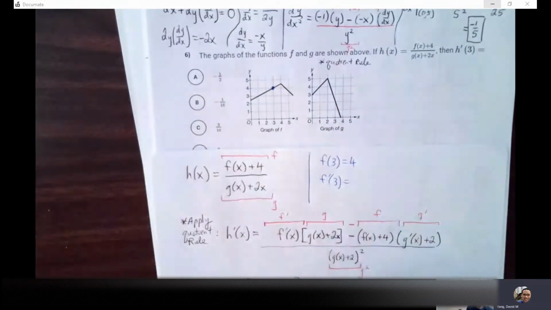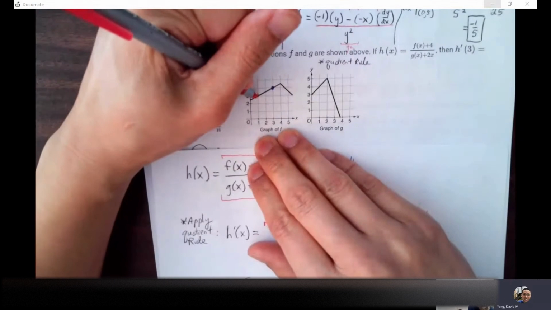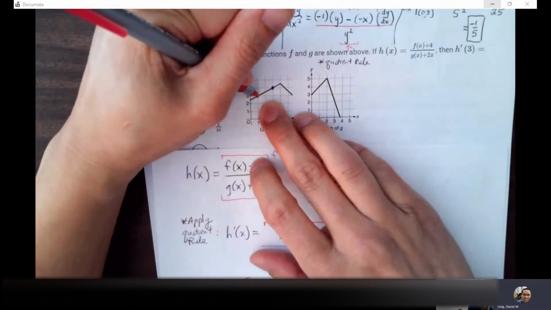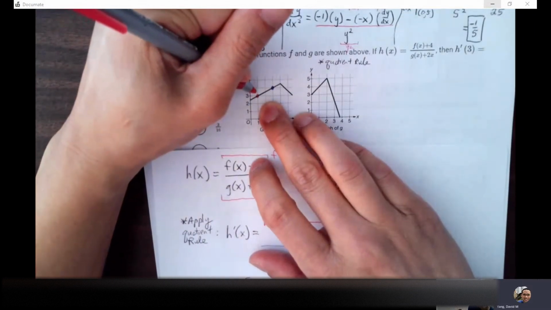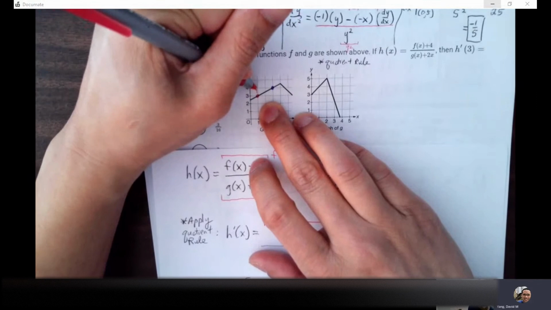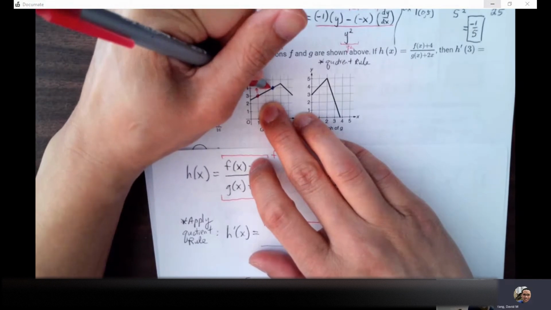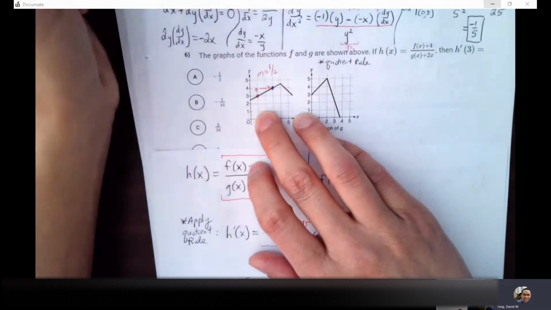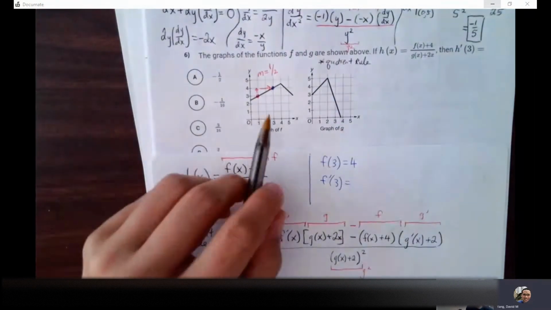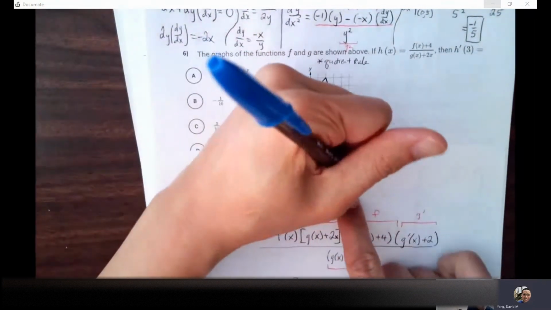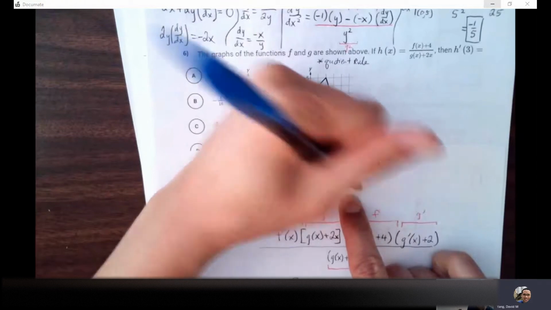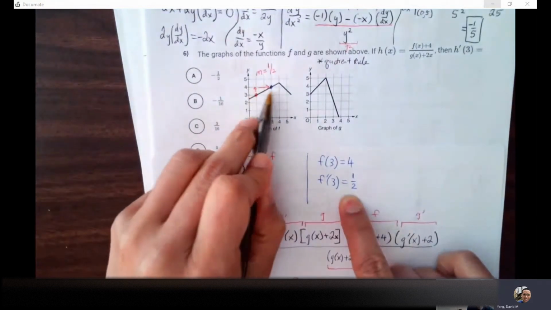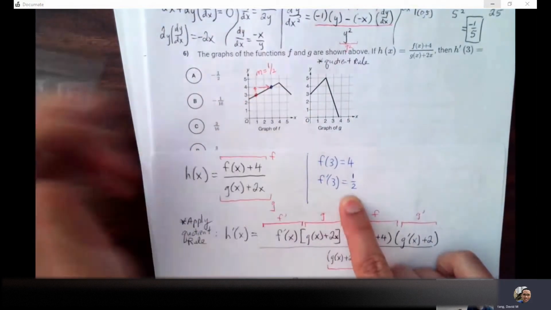So I pick another point and do rise over run. I see this is a positive slope, up 1, over 2. So the slope there is 1/2, and f prime of 3 is equal to 1/2. This line segment has a gradual slope of 1/2.